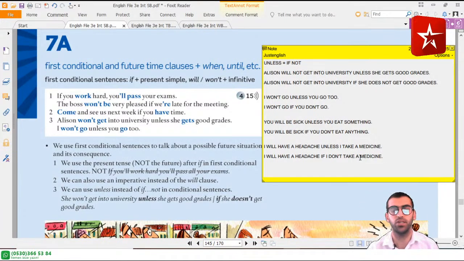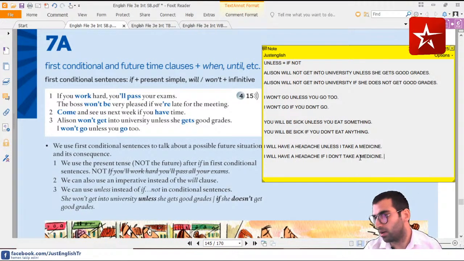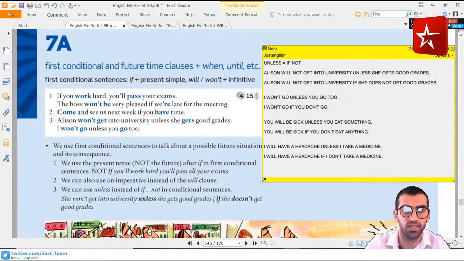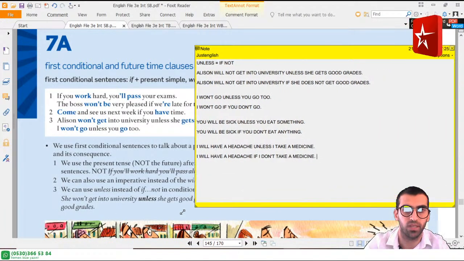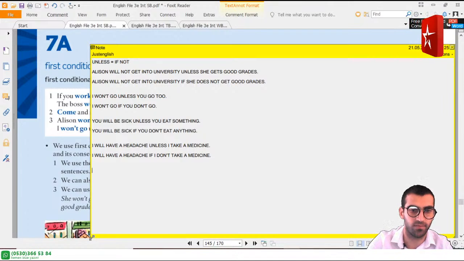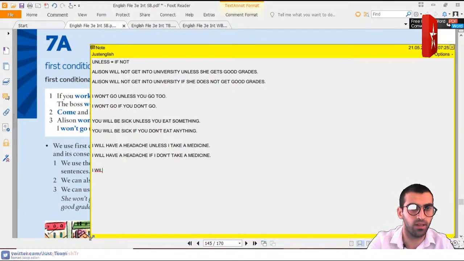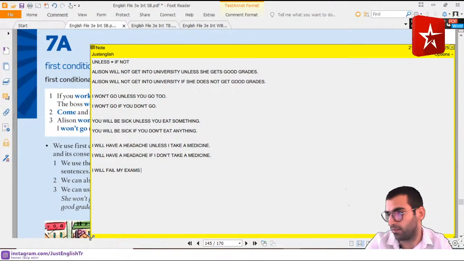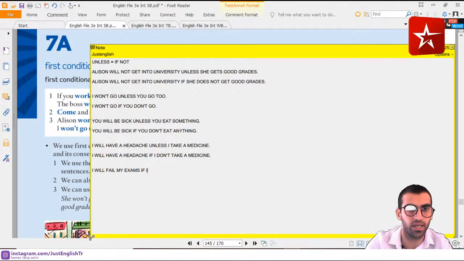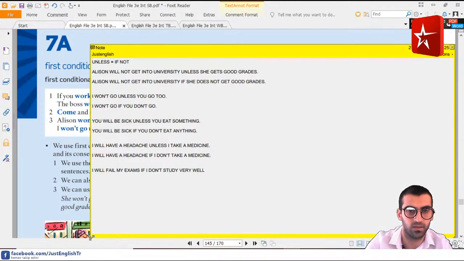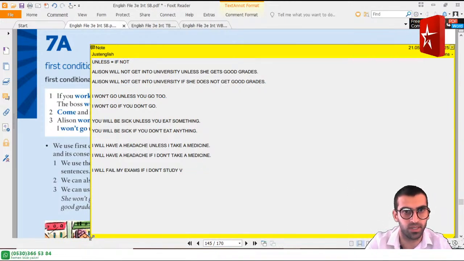And what about you? Can you write any sentence? Okay. Let me ask you to change this sentence to if not. For example, this sentence: I will fail my exams if I don't study very well, or if I don't study hard.